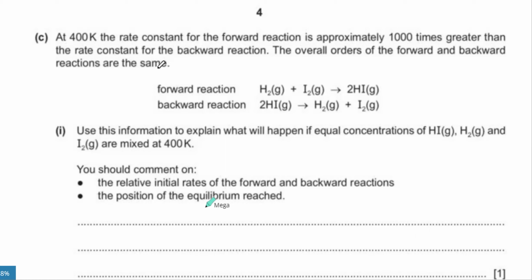So use this information to explain what will happen if equal concentrations of HI, H2 and I2 are mixed at 400 kelvins. And you should comment on the relative initial rates of the forward and backward reactions and the position of the equilibrium reached. So we did kind of solve the first one, right?